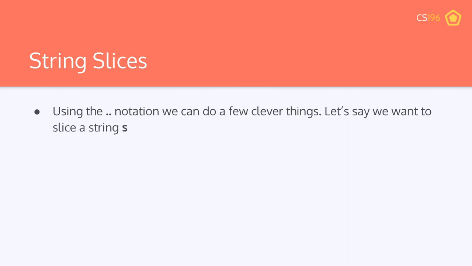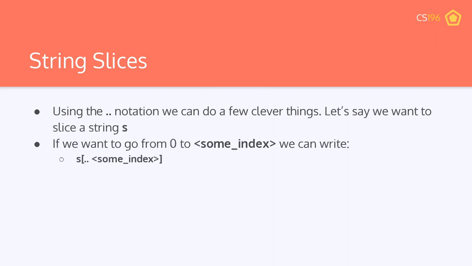Okay, so let's talk a little bit more about this dot dot notation that we use to do slicing. Let's say we have some string that we'll just call s. The first thing you can do is go from 0 to some index in that string. Again, this index is non-inclusive, so if you say 0 to 1, it's the same as just getting the first character. If you say 0 to 2, you get the first and the second character.